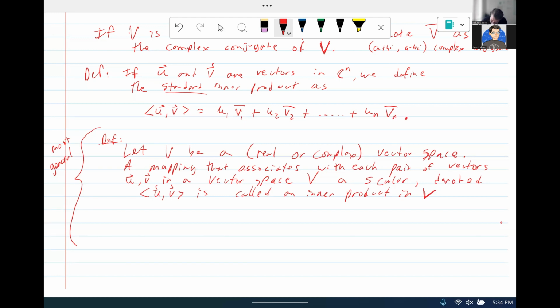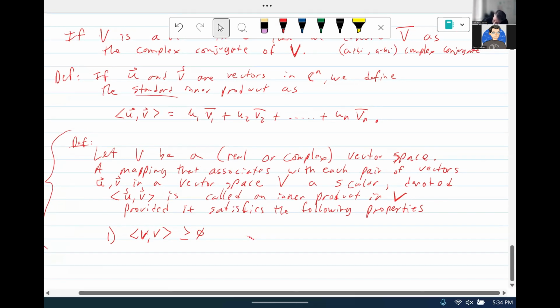Provided it satisfies the following properties. Properties. Here, one: the inner product of V with V is greater than or equal to 0.